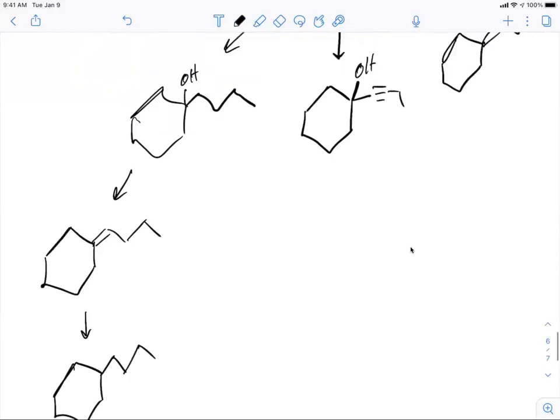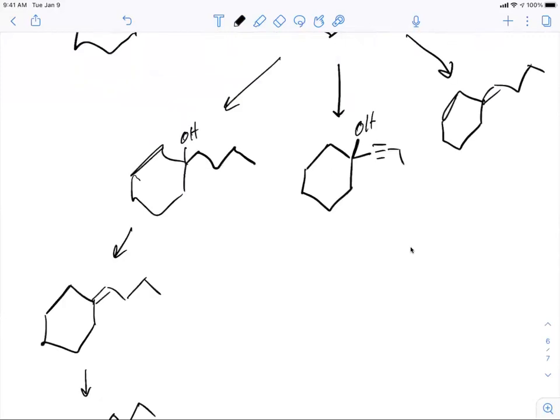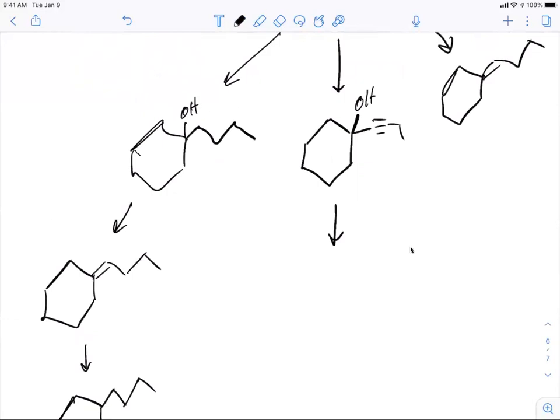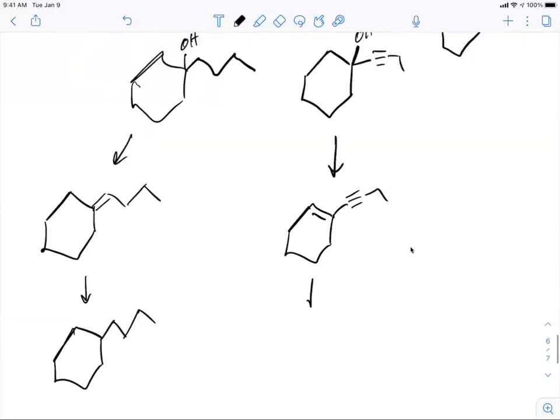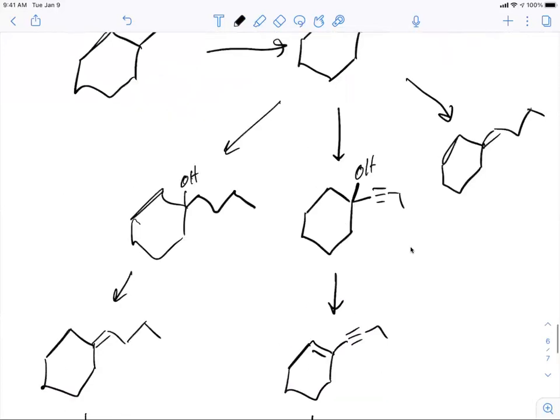If we look up here, again, we probably have to go ahead and eliminate to give us this enyne, double bond and triple bond. And then we could take the triple bond to this. And then if we look here, we've already got that double bond. So all we'd have to do is reduce that, okay?